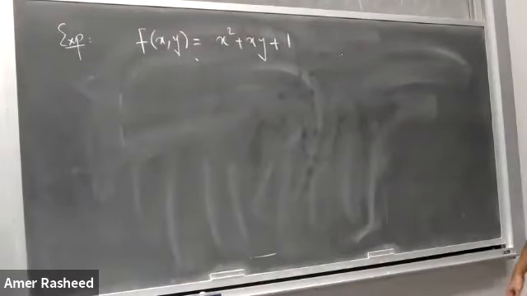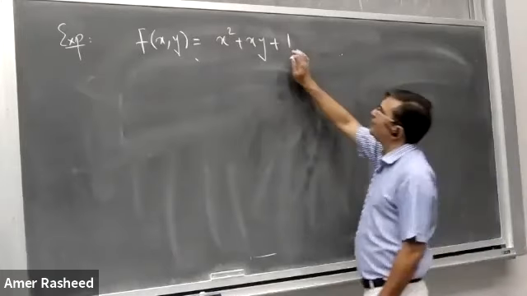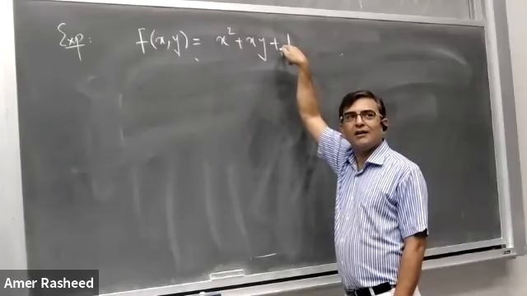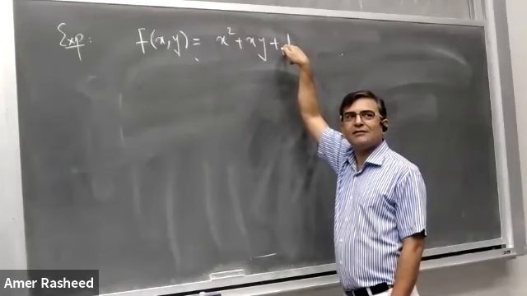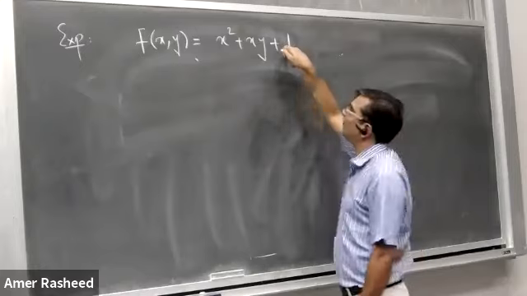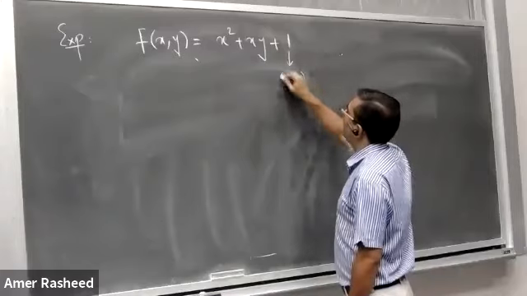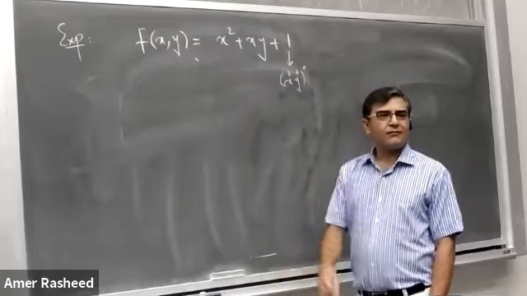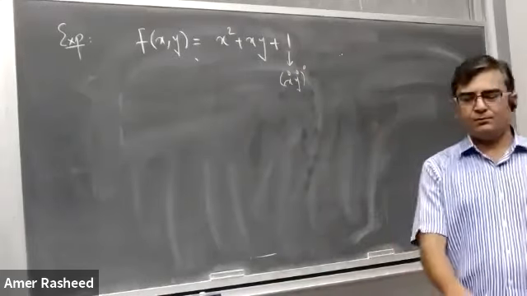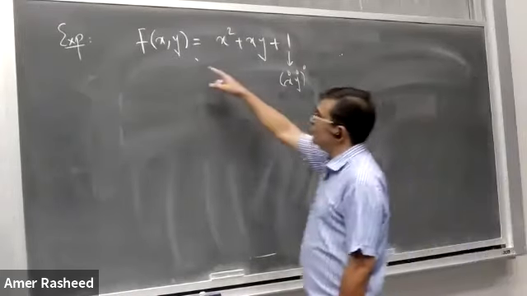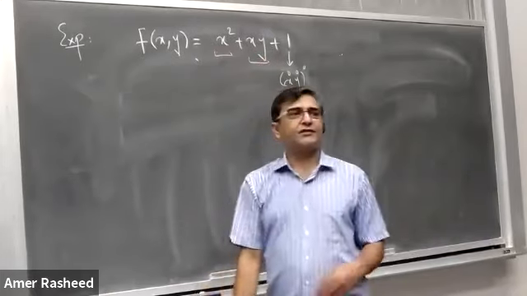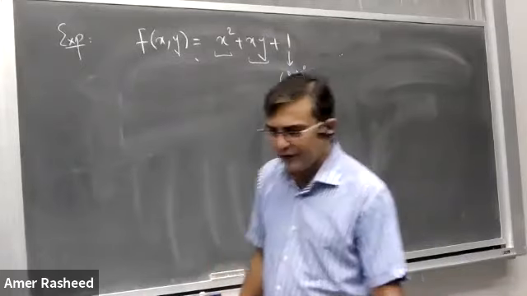No, it is not, because here the degree of the variables is 0. Not 0, sorry, not 1. You can write this 1 as x power 0, y power 0, so the degree of that term is 0. So this function is not homogeneous because in each term the degree is not the same. I hope you get it.